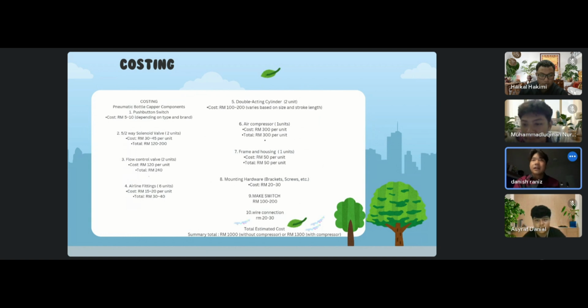the pneumatic bottle capping machine represents a significant advancement in the automation of bottling processes, offering enhanced efficiency, precision, and reliability by utilizing compressed air to drive the capping machine mechanism.